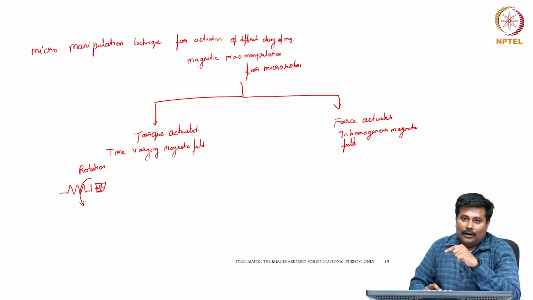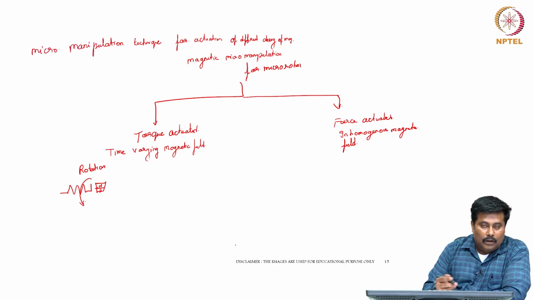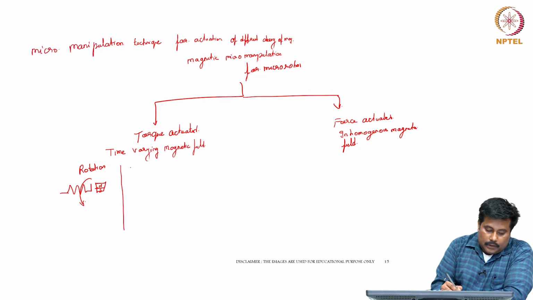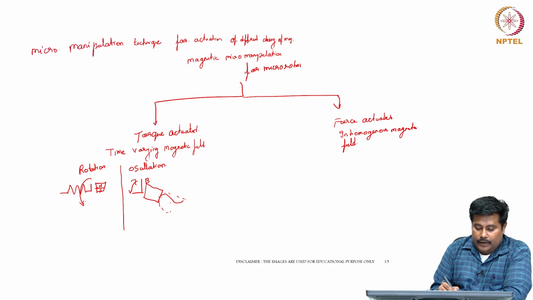That is, a magnetic field will be there, and then we can create a rotation when a circular structure is propelled in this particular domain. When we talk about the oscillation perspective, this is a kind of structure where it oscillates by giving an appropriate magnetic field over here.